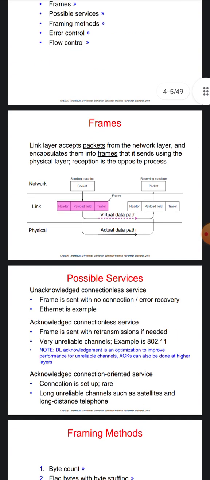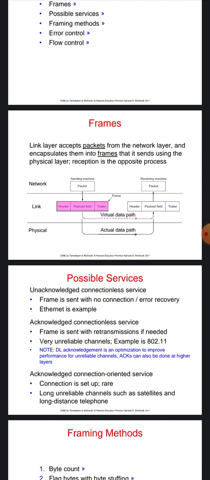Now we will look at frames. Link layer accepts packets from the network layer and encapsulates them into frames that it sends using the physical layer. Reception is the opposite process. In reception, it will receive from the physical layer and send to the network layer.